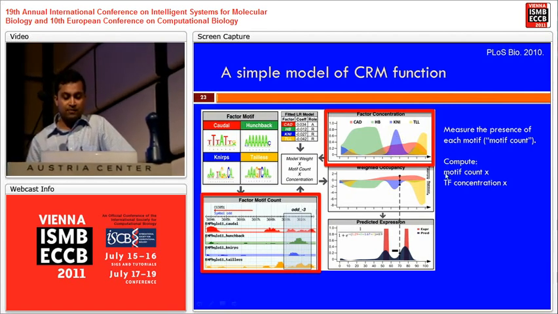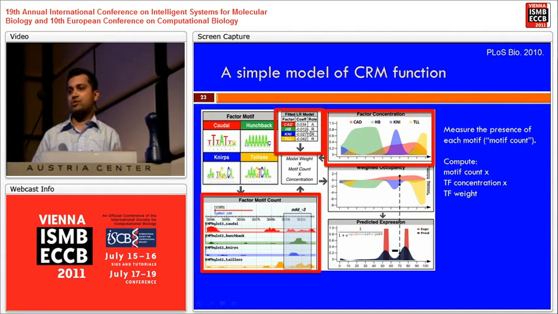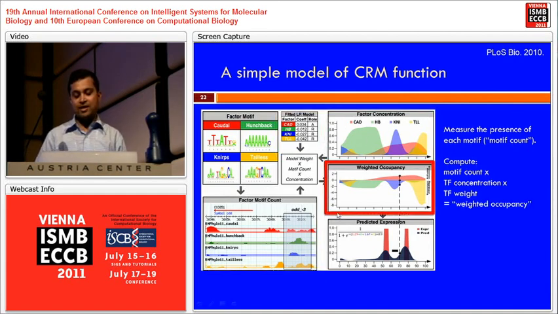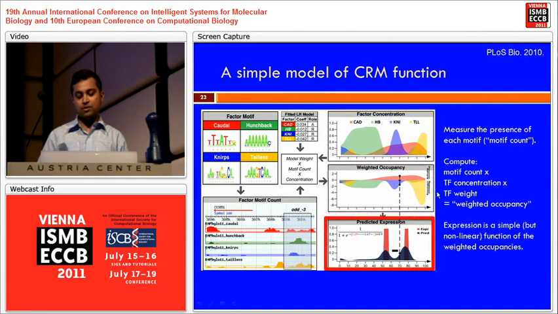So we multiply the motif counts with the transcription factor concentration profiles and a certain weight, one weight parameter for each transcription factor that reflects whether it's an activator or repressor. Activators get a positive weight, repressors get a negative weight. And we get what we call a weighted occupancy profile for each transcription factor. And then we combine these weighted occupancies through a simple logit function and get the predicted expression profile shown here in dark blue.